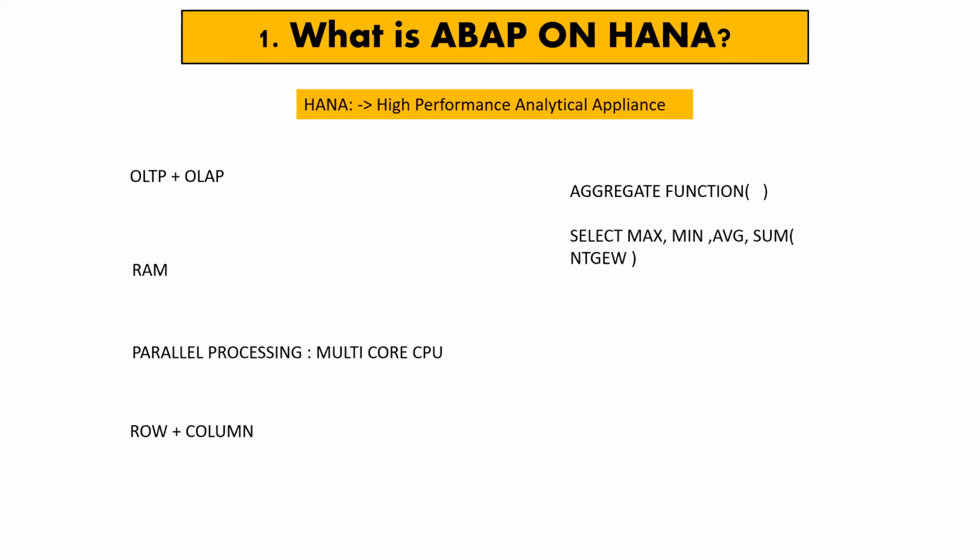But if you have HANA DB, you can use the aggregate function without any second thought because the performance is very high with respect to aggregation for column store in HANA DB. So this is the old way of doing aggregation at the application server, and this is how it is now recommended.